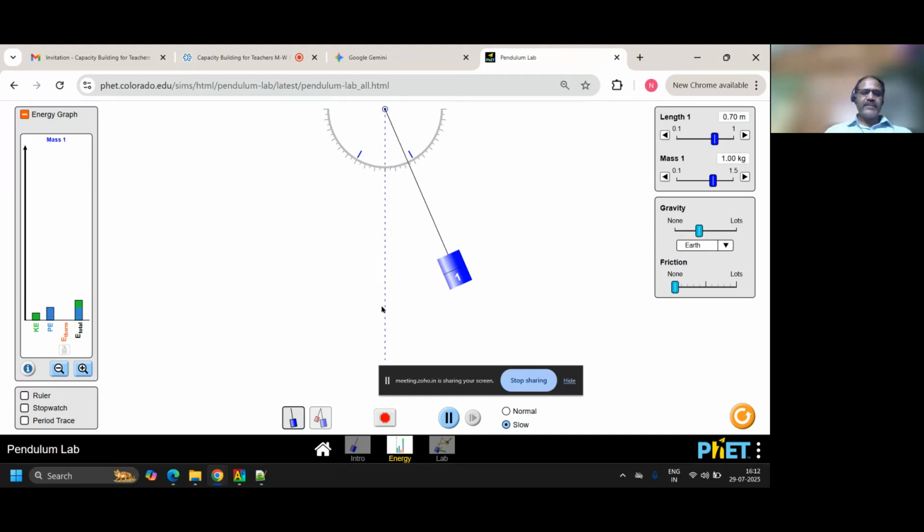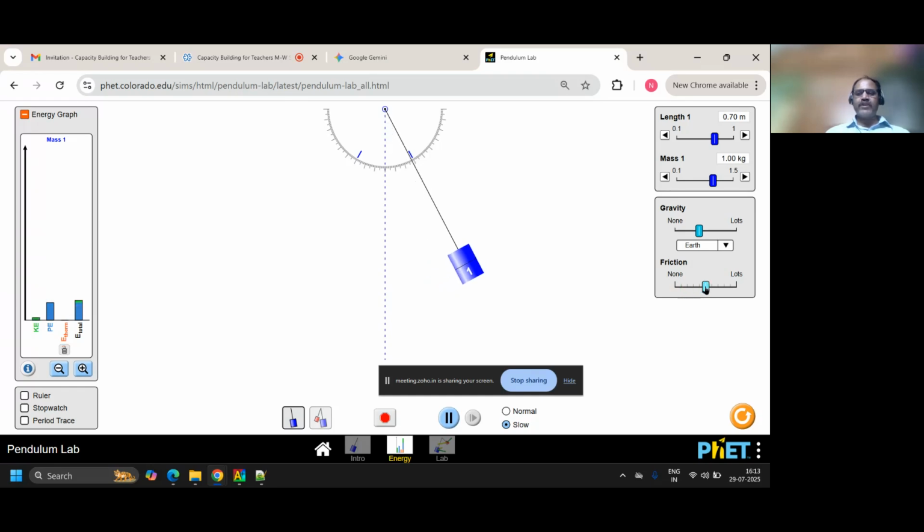When it reaches this point, kinetic energy is at its peak. When it reaches this point, potential energy is at its peak. So you could see, when one energy is more, the other energy goes down, but the total energy, PE plus KE, remains equal and constant. Now there is no thermal energy, because thermal energy is not produced at all when there is no friction.